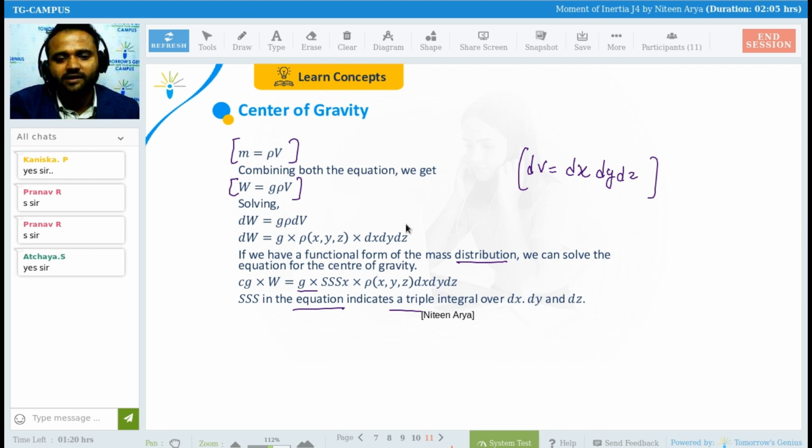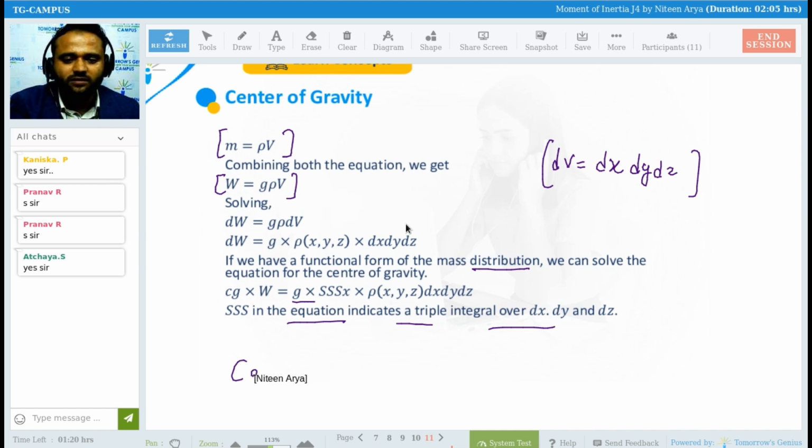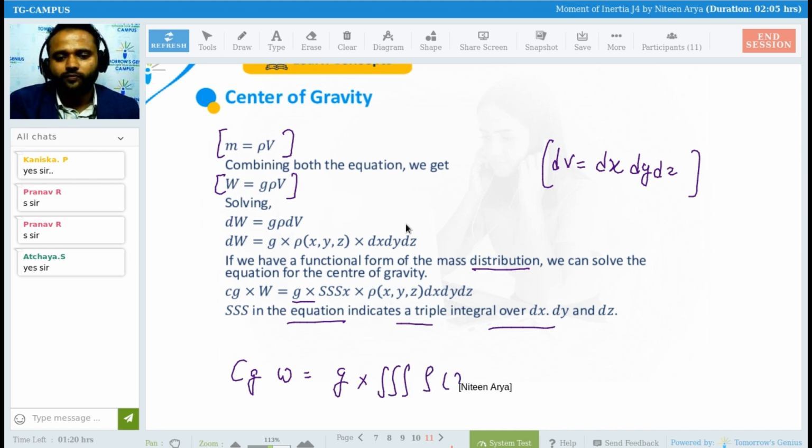This triple integral indicates integration over dx, dy, dz. So this symbol is nothing but Cg, the center of gravity, into weight, equals the integral of x into g into rho(x, y, z) dx dy dz.